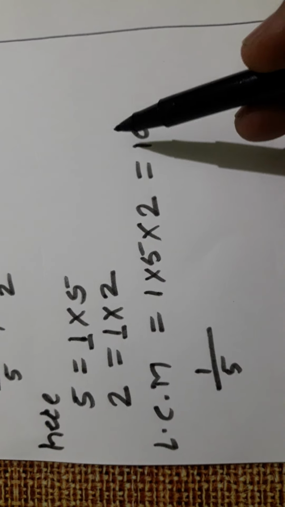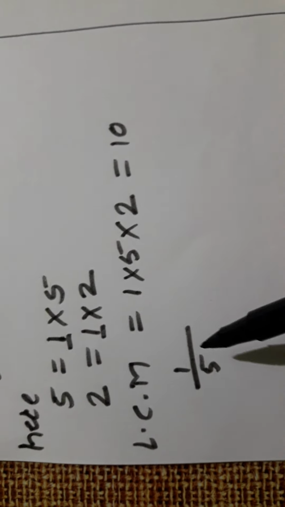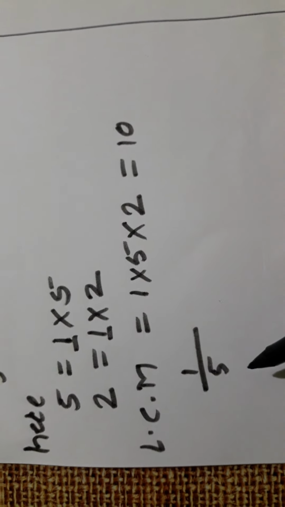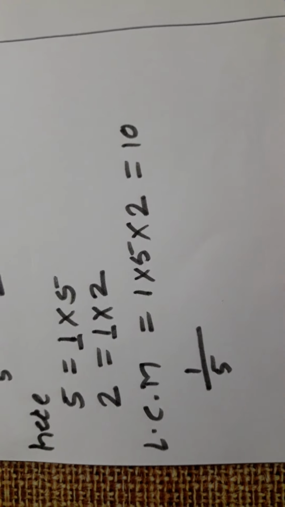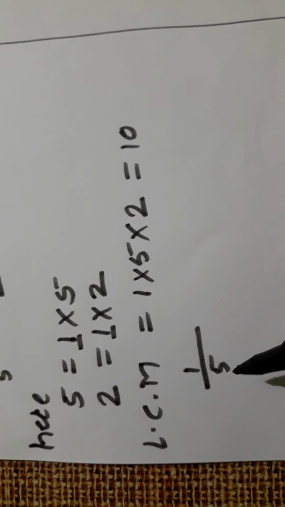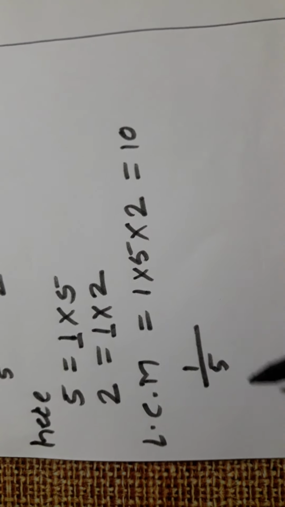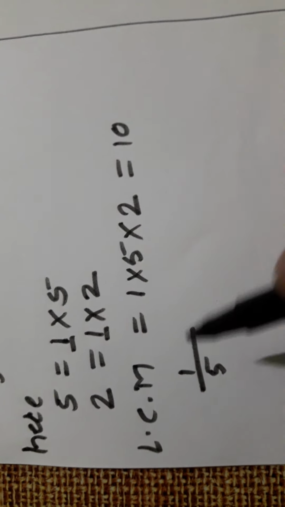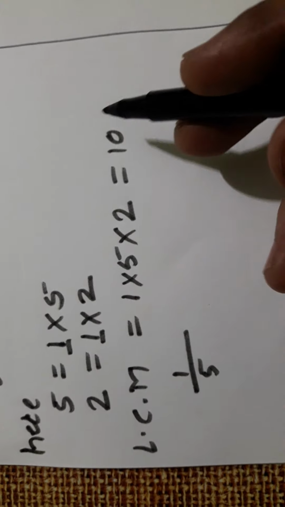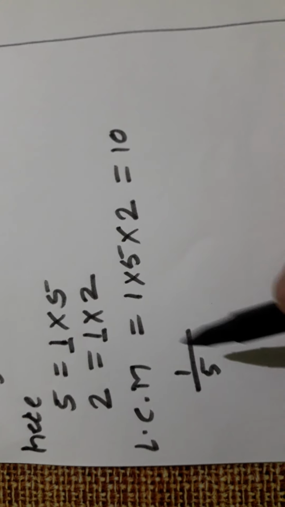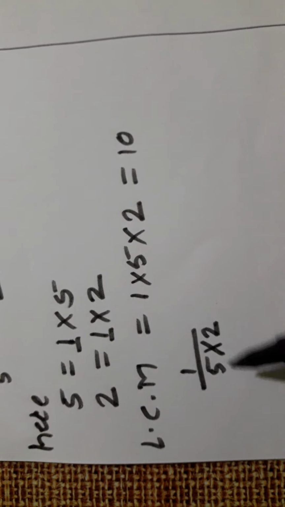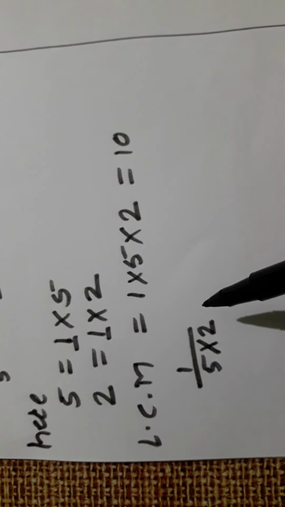We got 10 as the LCM. Here the number is 5. Which number should we multiply by this 5 to get 10? Listen carefully. The number will be 2. When we multiply by 2, we get 10. Do you understand?